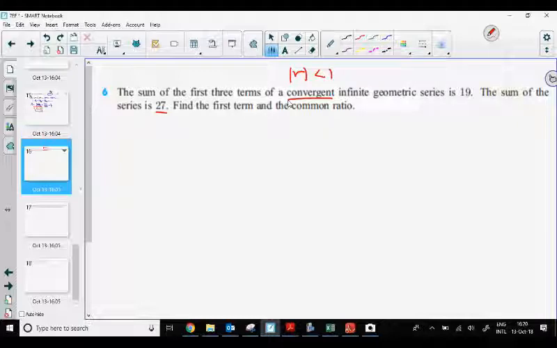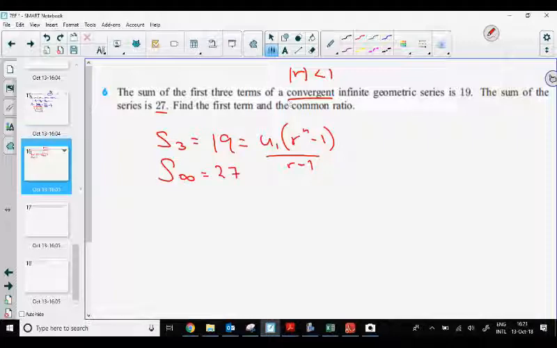So I know the sum of the first 3 terms is 19, so I'm going to use my finite sum formula, the sum of the first 3 being 19, that's going to be equal to whatever the first term is, which we don't know, times r to the power of n minus 1 over r minus 1. We also know that the sum of the entire series is going to be 27, and that is by the infinite series formula, the first term over 1 minus r.